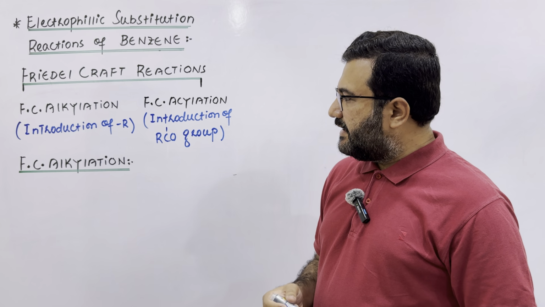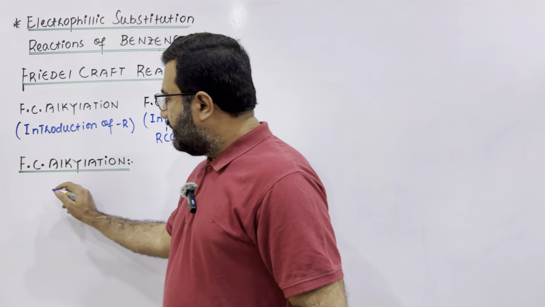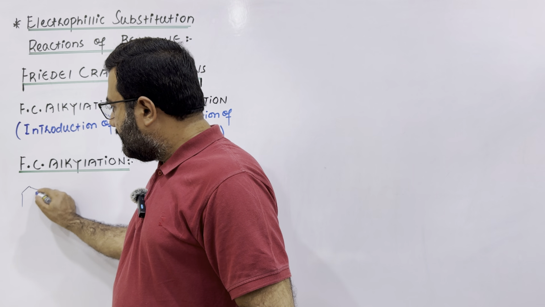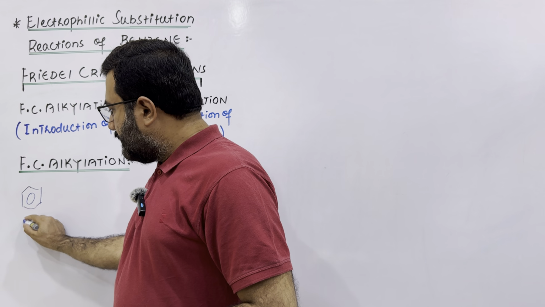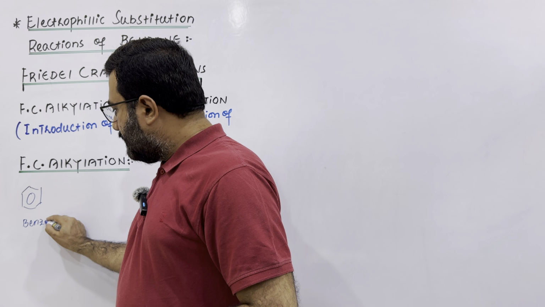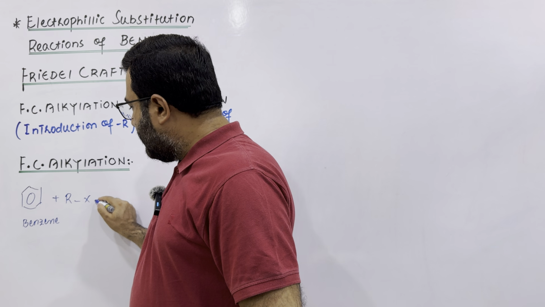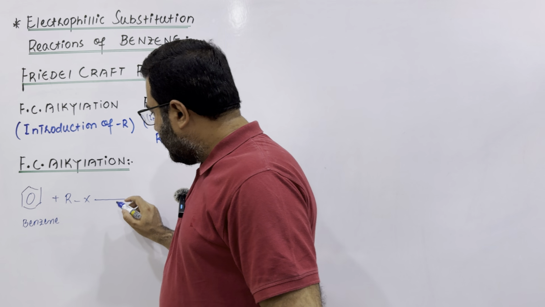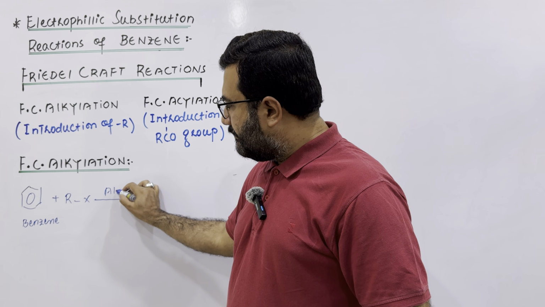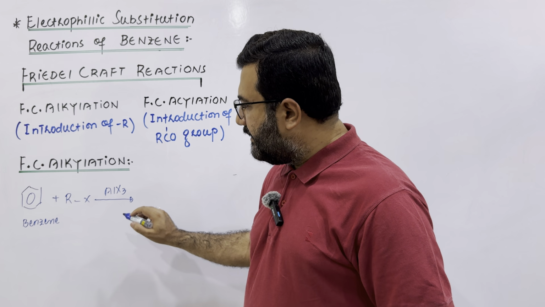My dear students, in FC alkylation, the benzene is made to react with any alkyl halide in the presence of aluminium halide.